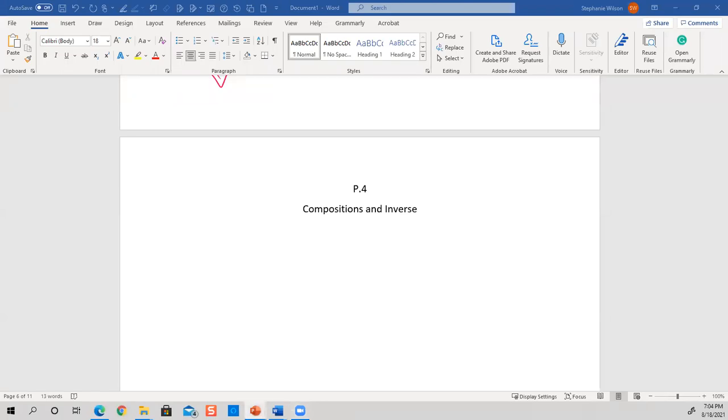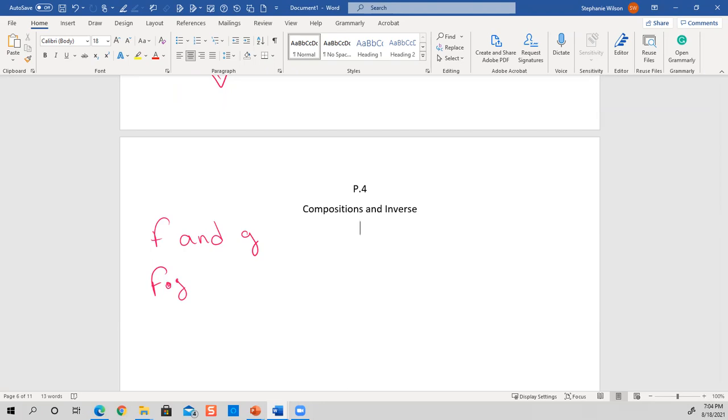Okay, composition and inverse functions. A composition. Well, if you have f and g, and there are two functions, the composition of f and g is f, and that's supposed to be a little circle, g.